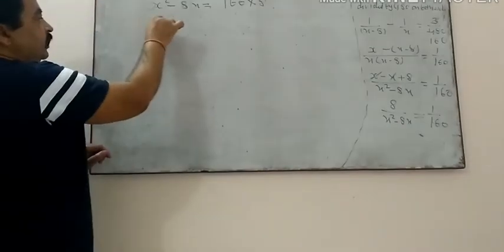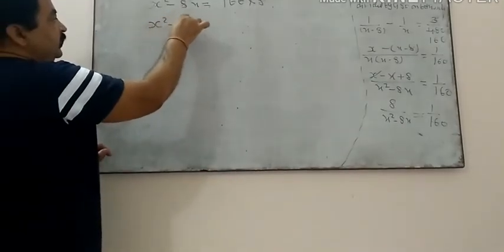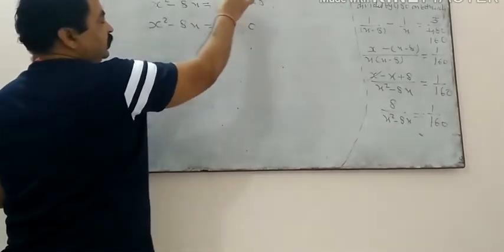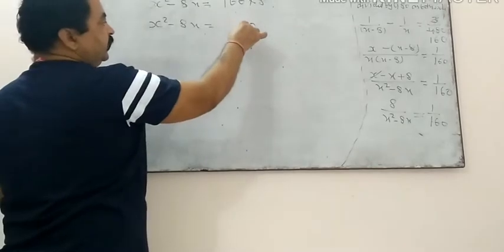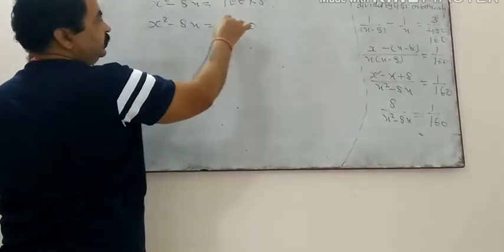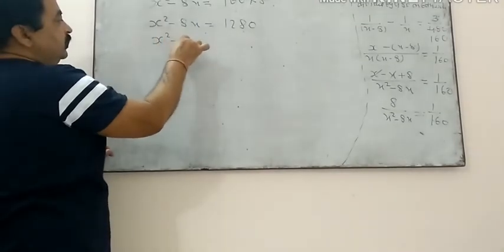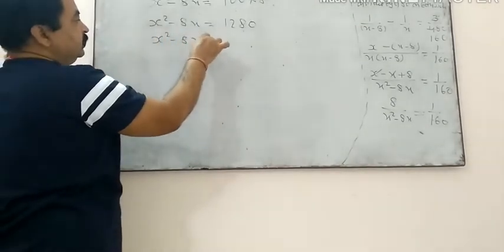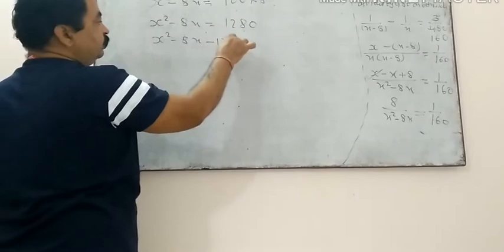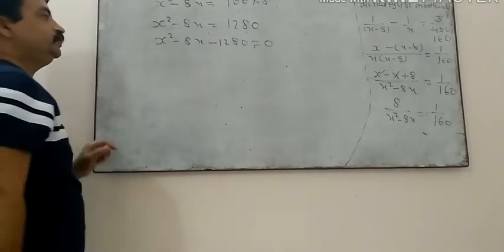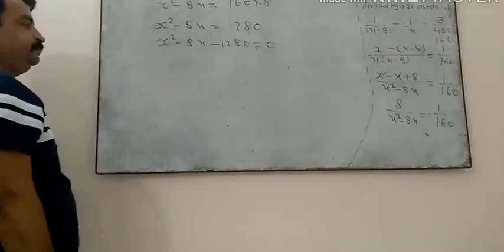So x square minus 8x equal to 1280. 8 6 ja 48, 8 carry 4, 8 1 ja 8, 8 and 4 1280. So x square minus 8x minus 1280 equal to 0. This is the quadratic equation for the given statement which was on the train.